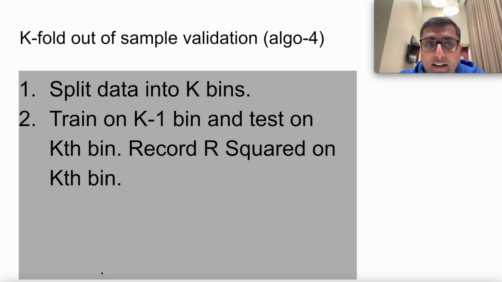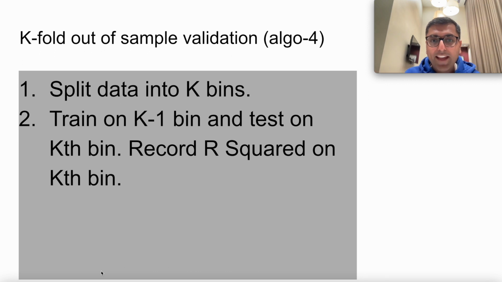Once you do that, you train your algorithm using k minus 1 bins. So let's say you have 10 bins. The 9 bins, 90 data points, you use for training. And then 1 bin, the kth bin, you keep for testing. So you train on the 9 and test on the 10th.